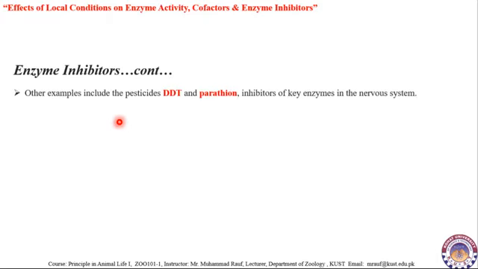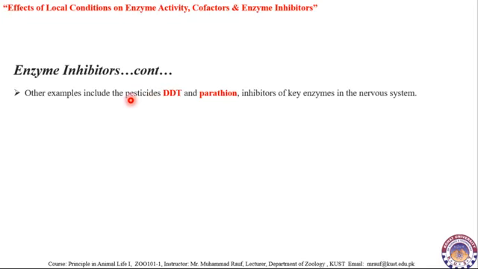Other examples include the pesticides DDT and parathion. These are two pesticides which are responsible for the elimination of the pests which feed upon the crops. They also inhibit key enzymes in the nervous system of pests.